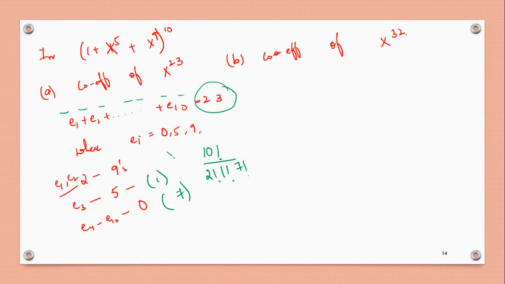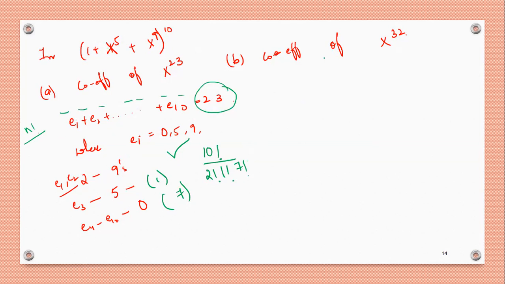So in this case, we will take the same formula, n factorial by how many 9s we are taking, that factorial, how many 5s and how many zeros, or however many constraints have been given, that will be the denominator.